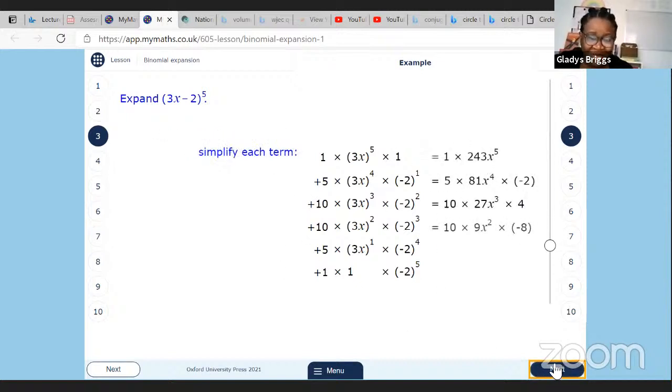I will explain it to you guys now. Right. Three times x to the power of 5 plus negative 2 to the power of 0 is 1. Yep.